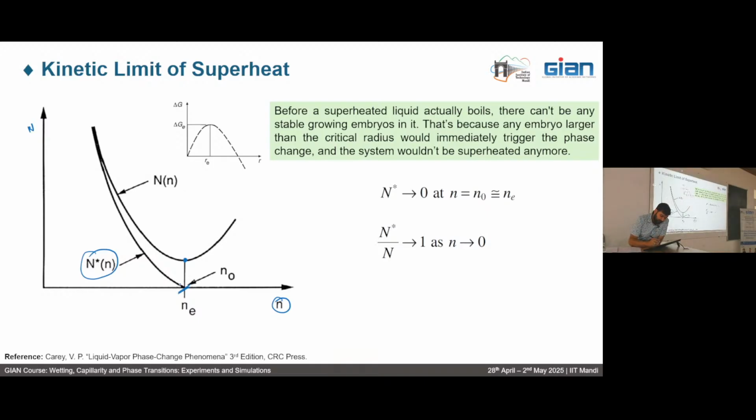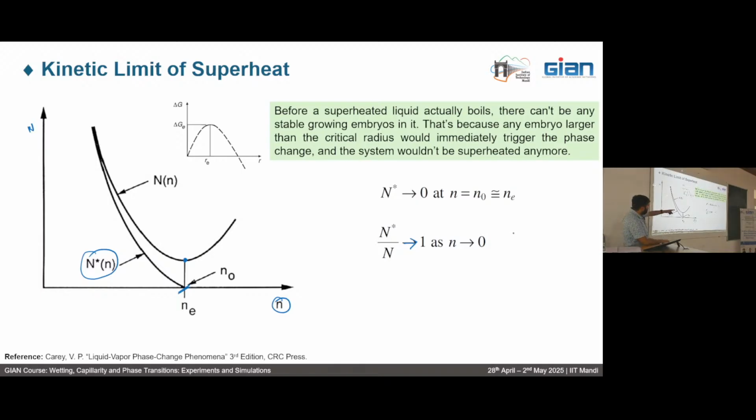Further, as n by n equilibrium approaches 1, as n approaches 0, what it means is that the number of molecules in an embryo class is getting reduced, so we have a very small size of embryos, and multiple embryos. In that state, it doesn't matter if it is equilibrium or non-equilibrium state, because the number is so high that they are almost comparable.